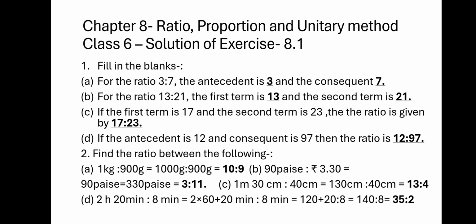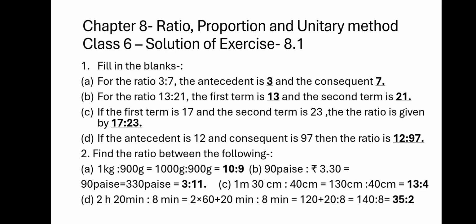So these are the gaps to be filled, 13 and 21. C. If the first term is 17 and the second term is 23, then the ratio is given by 17 is to 23. D. If the antecedent is 12 and consequent is 97, then the ratio is 12 is to 97.